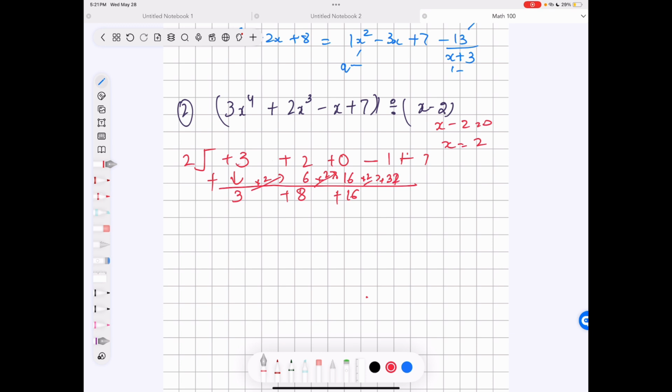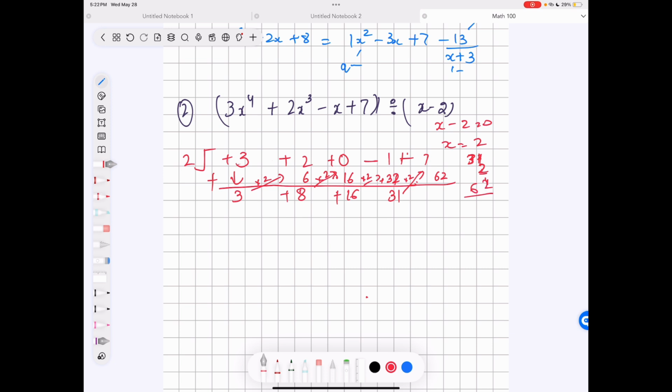So if we deduct 1, it's going to be 31, and then I multiply 31 into 2, 3 times 2 is 6, we get 62.